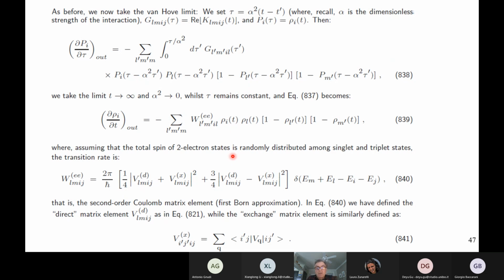Again, you have to look for the exchange term and the direct term that we discussed before. The same thing, having taken the Van Hove limit. Again, I don't want to go into details because it's essentially the same procedure that we followed for electron-phonon interaction, except that it's way more complicated because of all the indices that you have, because it's a two-particle process.